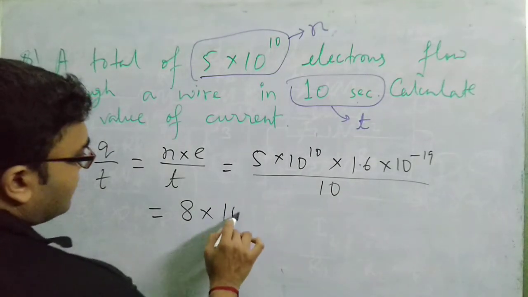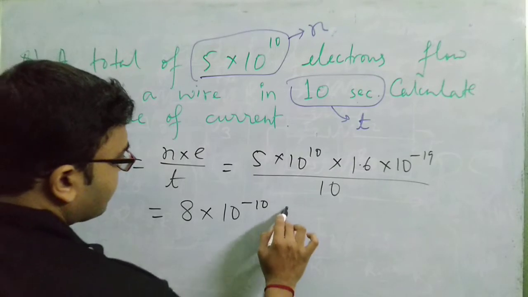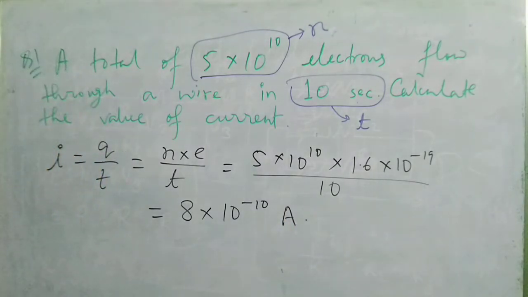From the 10 at the bottom comes 10 to the power minus 10. So this much ampere current is flowing through the wire, a very weak current, when a total of 5 into 10 to the power 10 electrons is flowing through the wire within a time frame of 10 seconds.